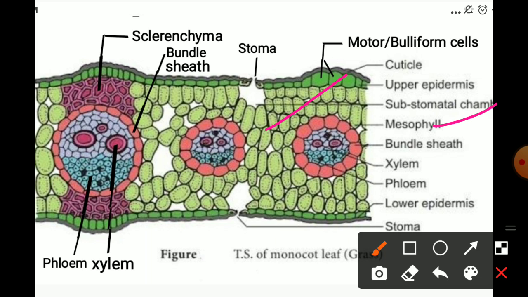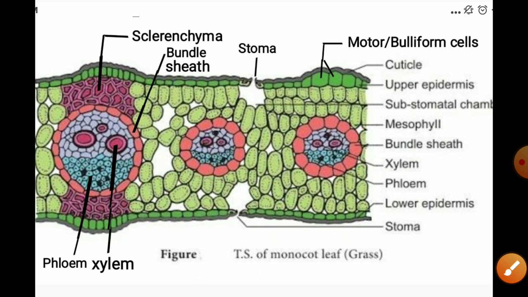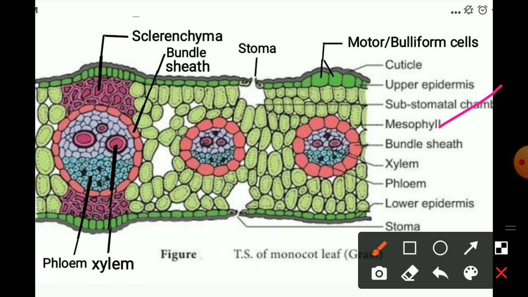Now below the motor cells there is a mesophyll tissue. This green is the mesophyll tissue. This is a photosynthetic tissue. This mesophyll tissue is of a spongy parenchyma type. The cells are loosely placed, just like a sponge.